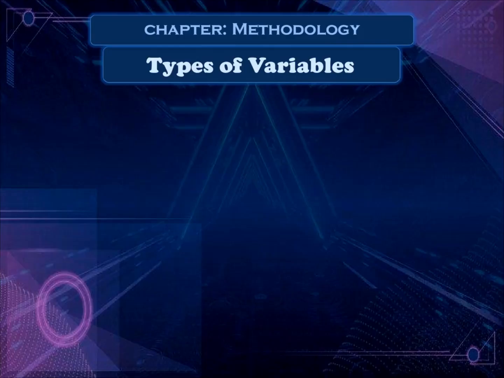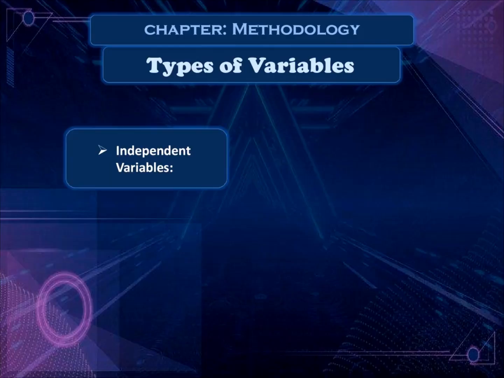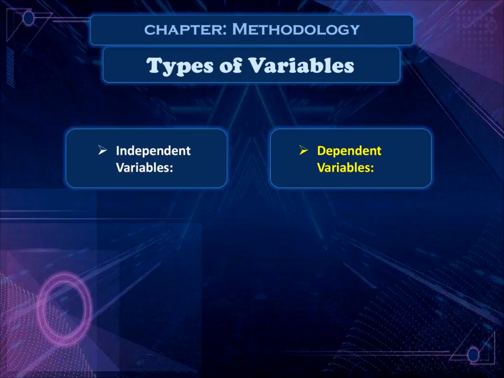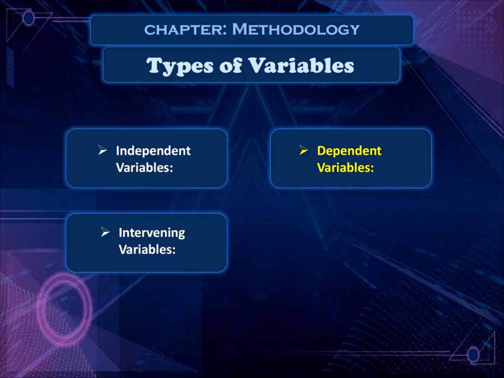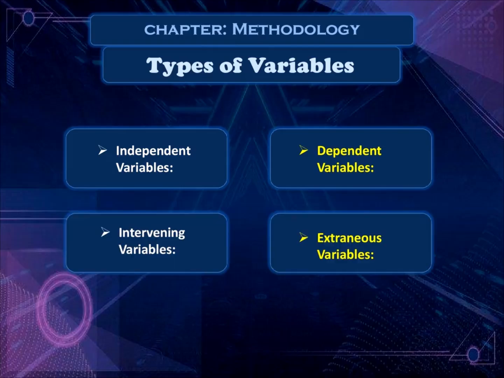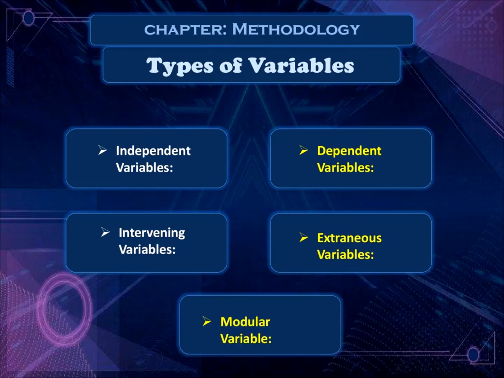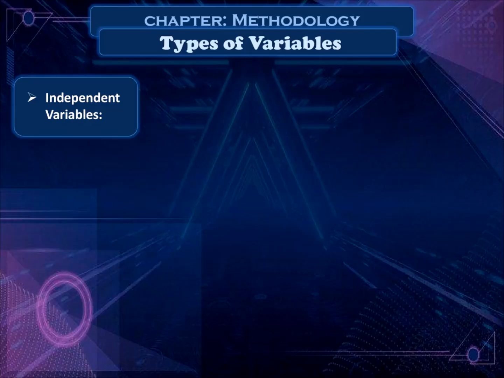Variables can have many types of data, but within variables, you can term them into many categories depending on their utility or depending on how you nominate them. There are independent variables, dependent variables, intervening variables, extraneous variables, and moderator variables. So let's dive into independent variables.